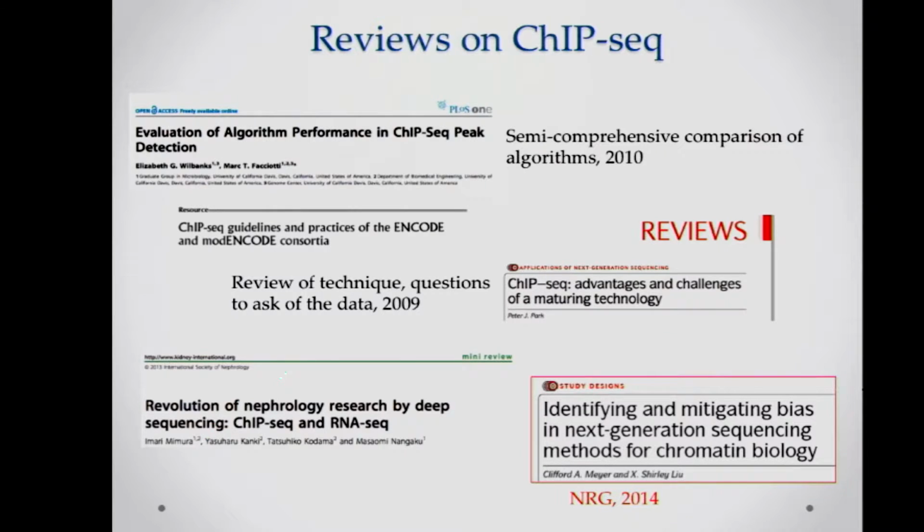There's a lot of information on this slide, so you guys have the printouts, and these are just some reviews on ChIP-seq, spread over the course of a couple of years, some on the technology itself to a more recent review from Shirley Liu's lab from 2014 on methods for how you want to look at the data.